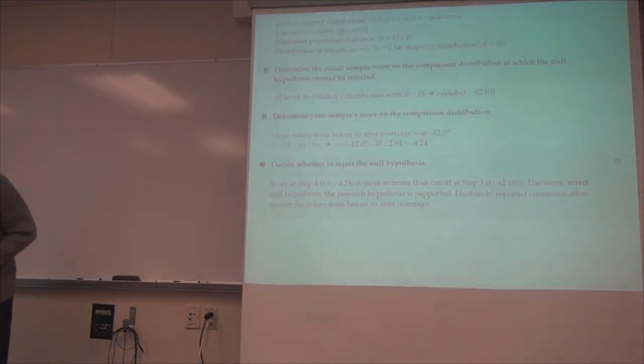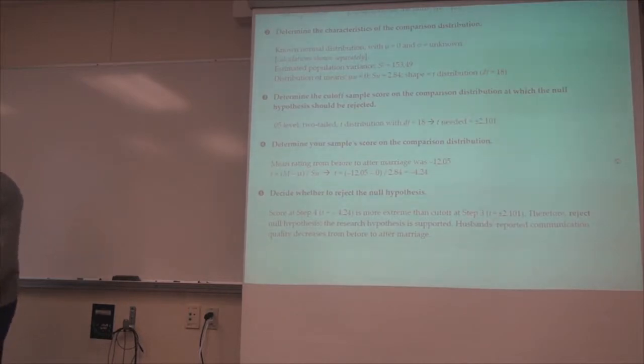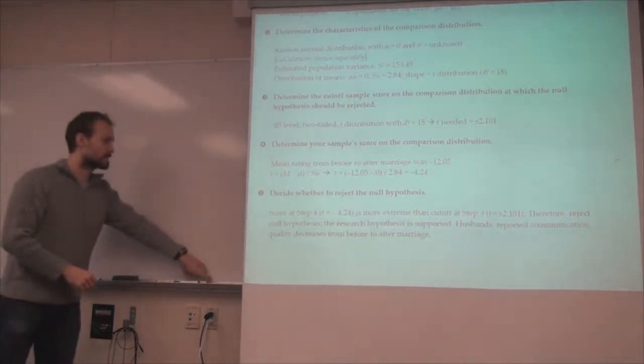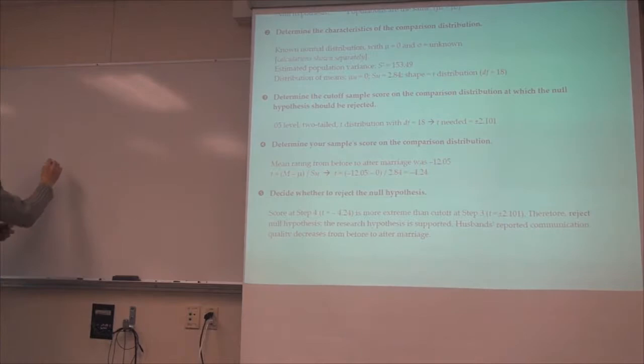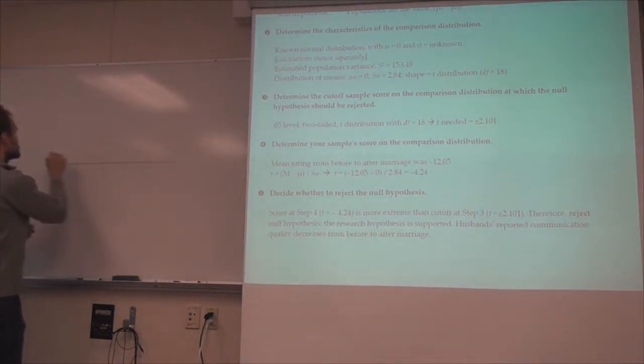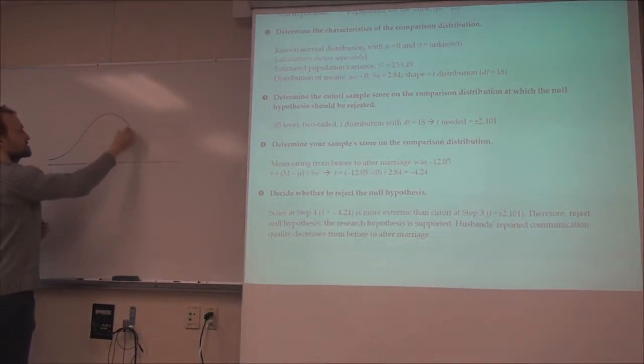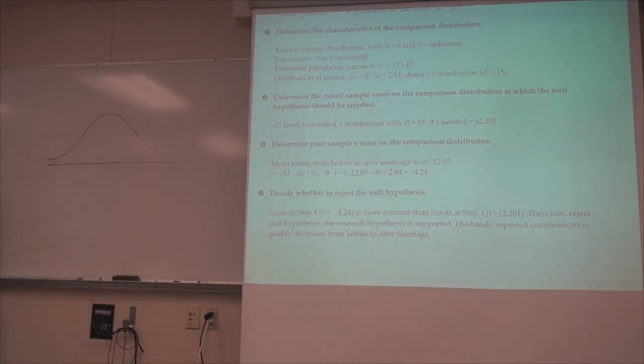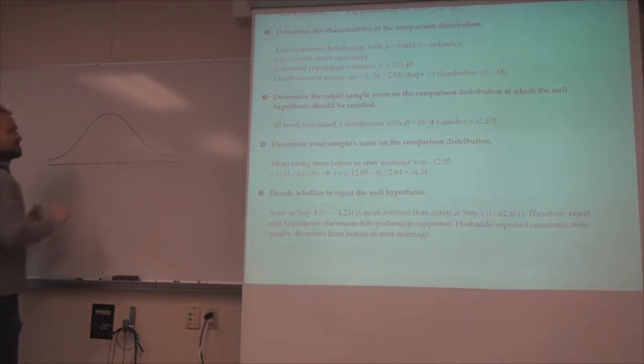So let's go back here and make a little graph ourselves to visualize what's happening. So I have my t-distribution. The visualization doesn't have to be perfect, although that's not bad. The more I do it, the better it gets.